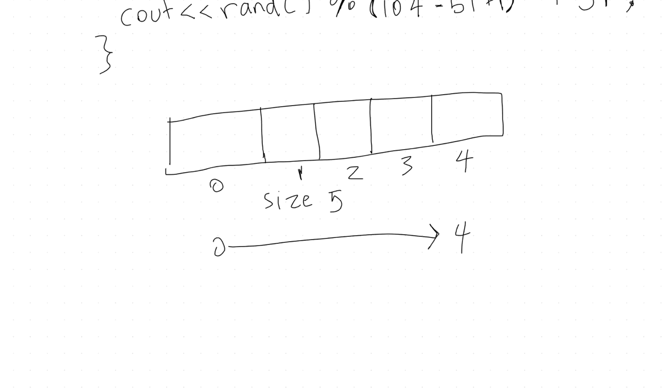So your lowest number is 0 and your highest number is 4. If I want to generate an index in this range, I take the highest number, 4, subtract off the lowest number, 0, and add 1. That gives you 5.